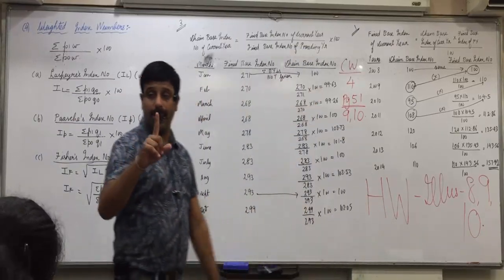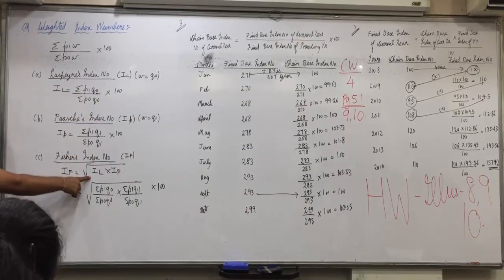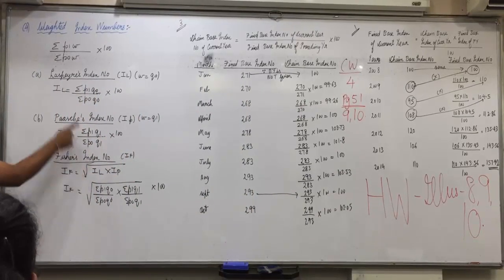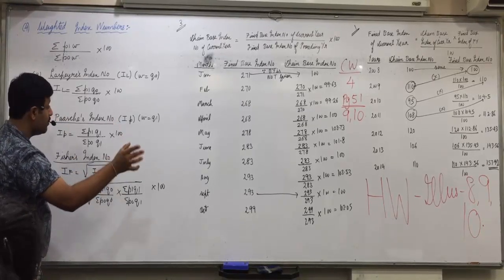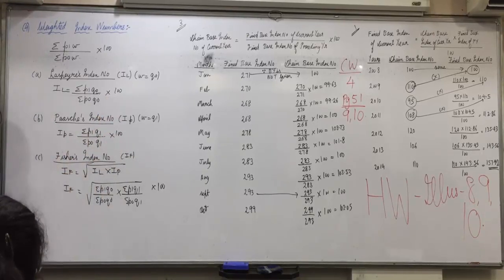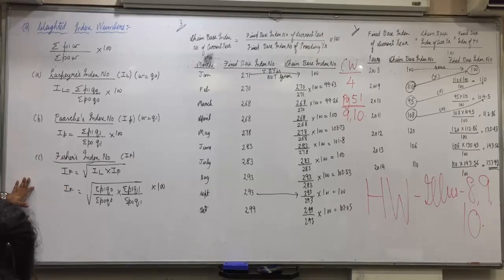An important point to be kept in mind. When you are asked all three, apply the first formula, because we will already be finding Laspeyres and Paasche's, and in the first formula don't multiply with 100, because they are already multiplied with 100. If the first two are not asked and only Fisher's is asked, or even if any two are asked, like Laspeyres and Fisher's, then Paasche's we have not obtained.